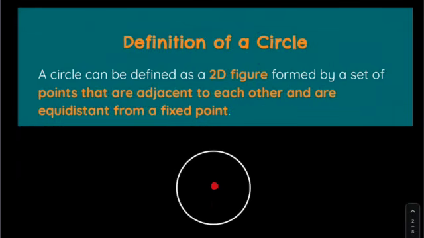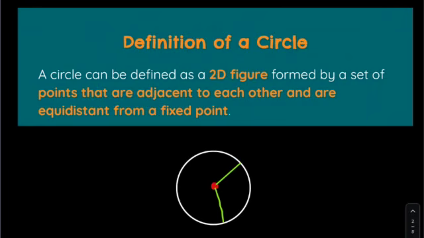Okay, so that's not exactly perfect, but the idea is that all of the points that are created on this white line here, they're all adjacent to each other, and they are all going to be the same distance from here to here.